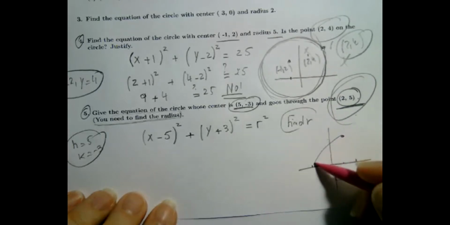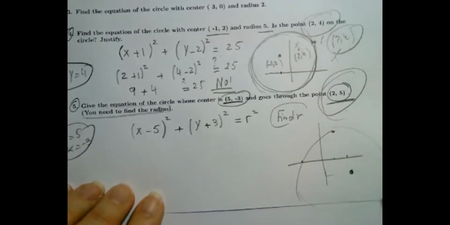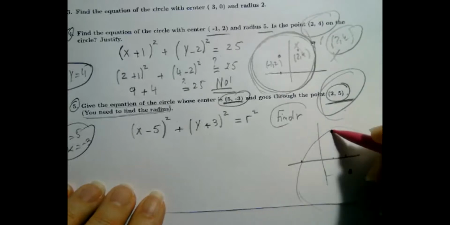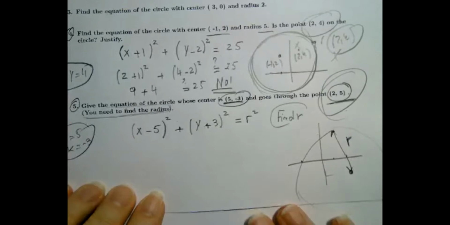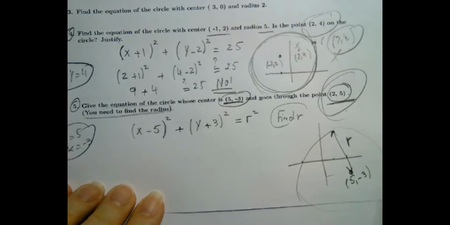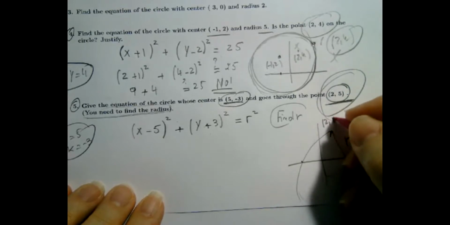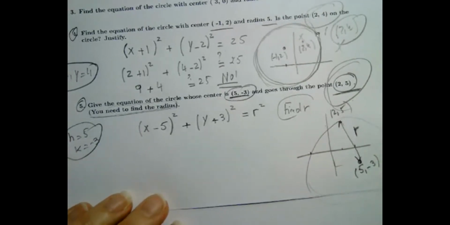Somehow the circle has to be something like that. It has to go through this point. How can I use this information to find the r? So that's the center. Down here, that's the point. I can use this information to find the radius.